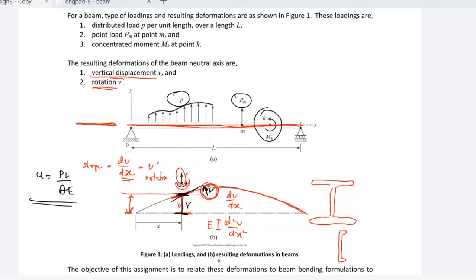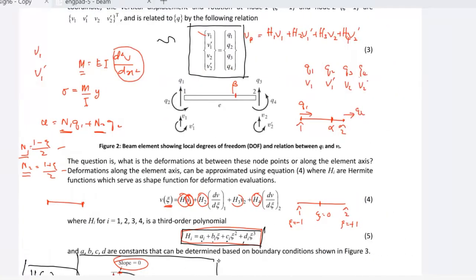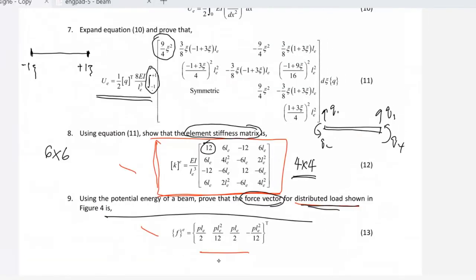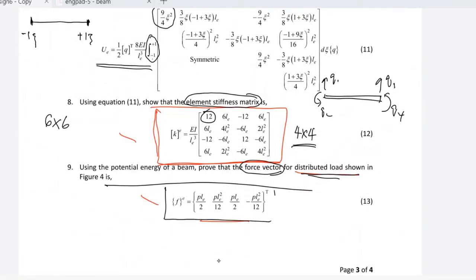Because distributed load happens over a certain length, it will involve the elements. So that is why we need to find what we call the force vector for distributed load, at one element.